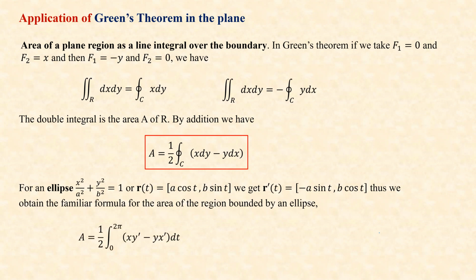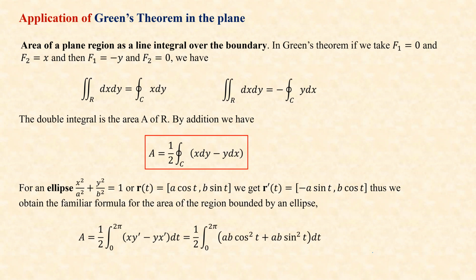We can write this in terms of the parameter t. We can write x dy minus y dx as x y prime minus y x prime dt, and you can calculate the area to be like that.